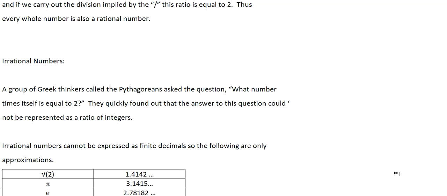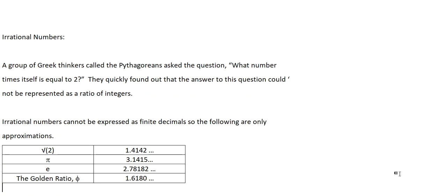The irrational numbers. There was a group of Greek thinkers called the Pythagoreans, and they had this very curious idea that the whole world could be represented by integers. And then at some point, someone asked the question, what number times itself is equal to 2? Well, you can look up proofs that the square root of 2 is irrational, or we can just move on from there.